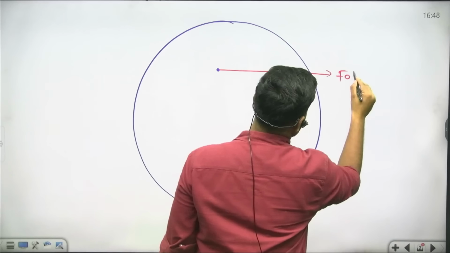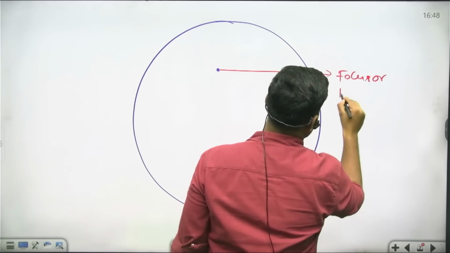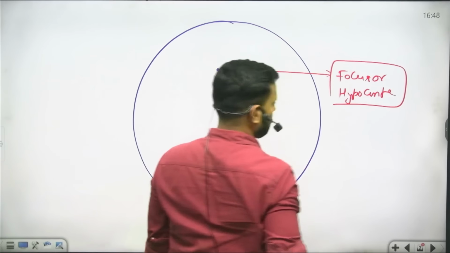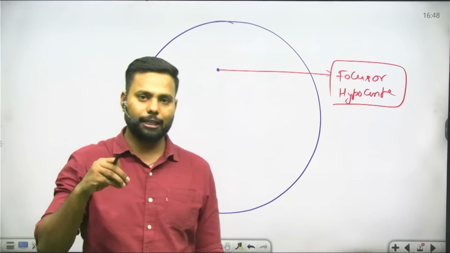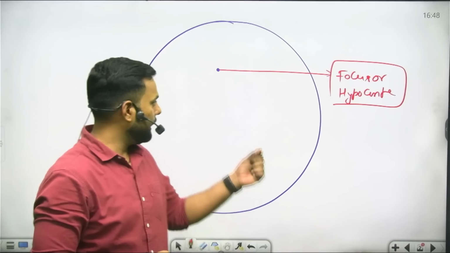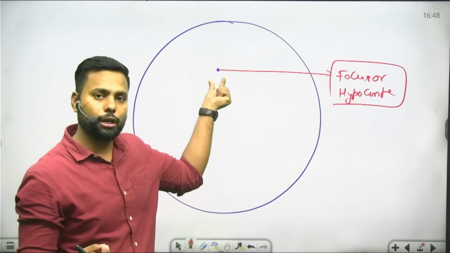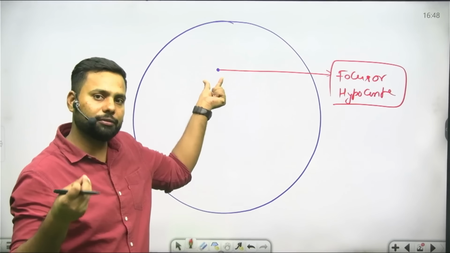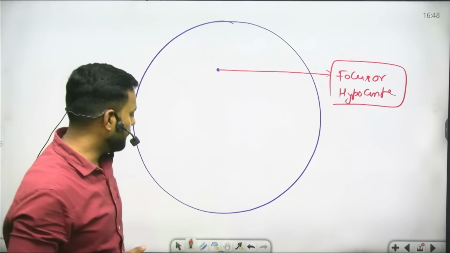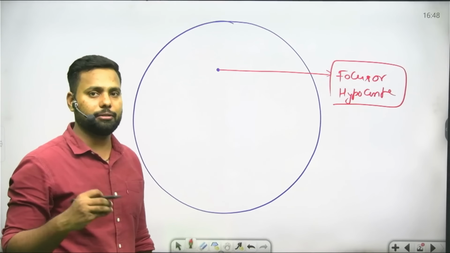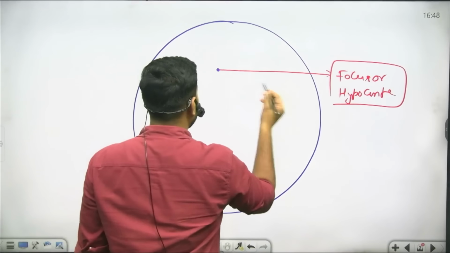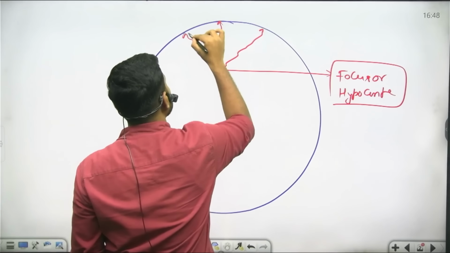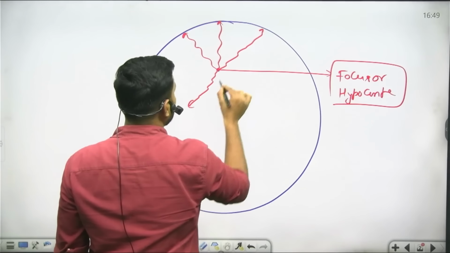That area is the focus, also called the hypocenter. The focus is where the energy begins, because of the rupturing and sudden release of energy. And we all know that energy always travels in the form of waves.